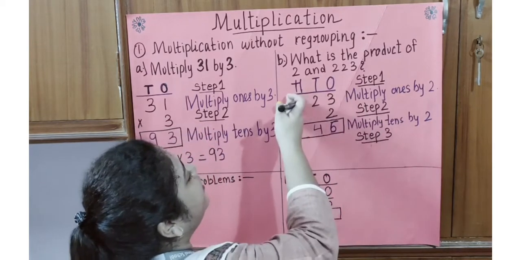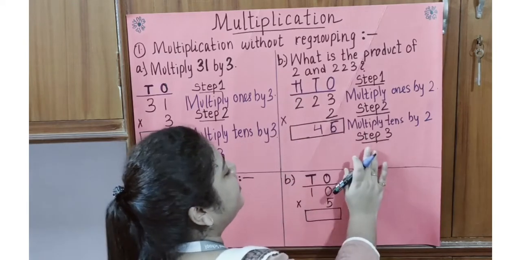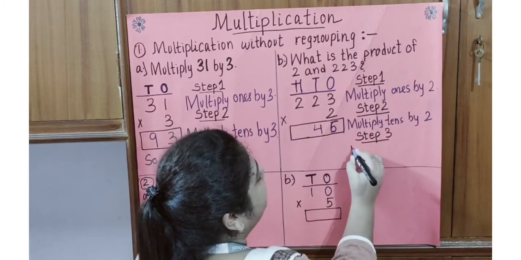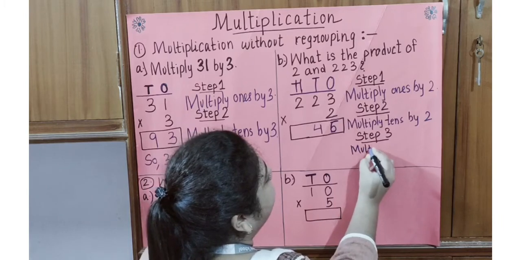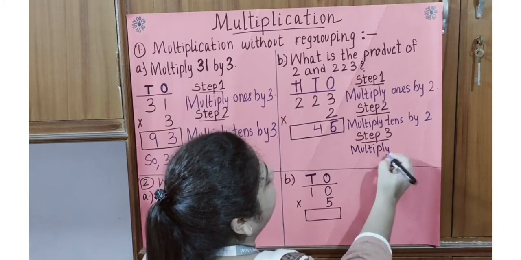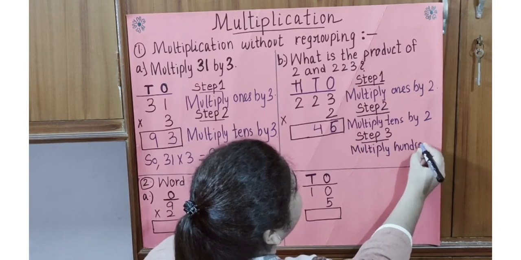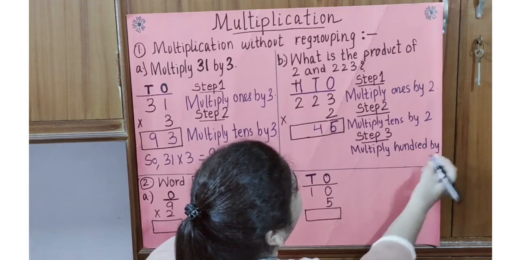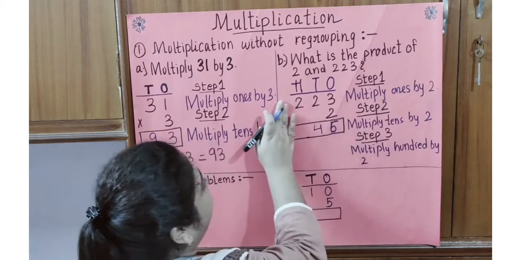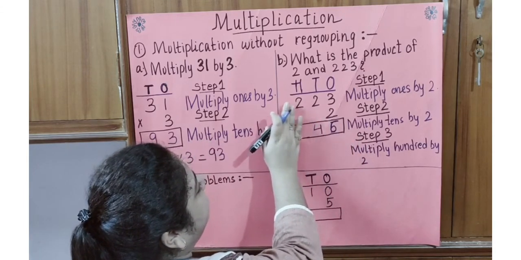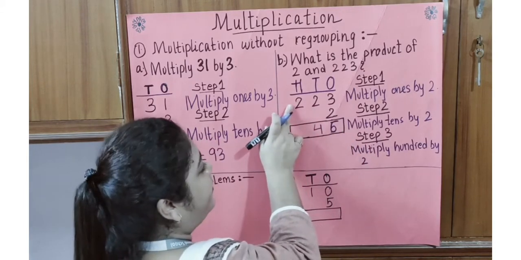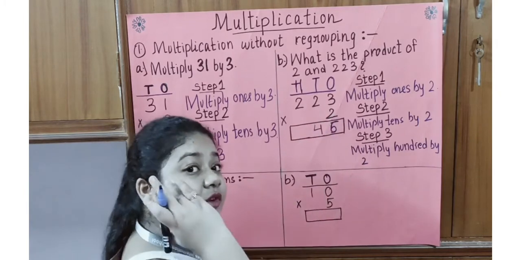Now we'll move on to the hundreds place. That is going to be the third step. Here we are going to multiply hundreds by 2 again. So multiplying the 200s into 2, what are we going to get?